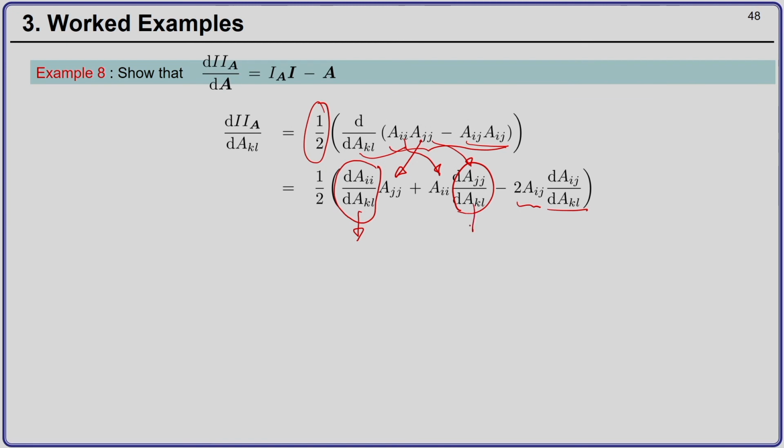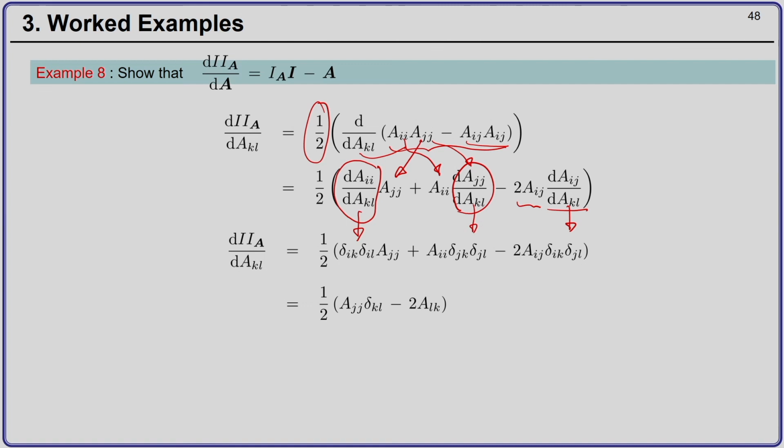All these terms can be written in terms of Kronecker delta. So, the first term is delta ik delta il Ajj, minus 2 Aij delta ik delta jl.